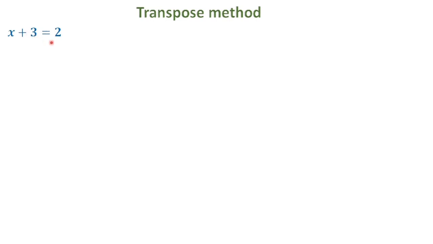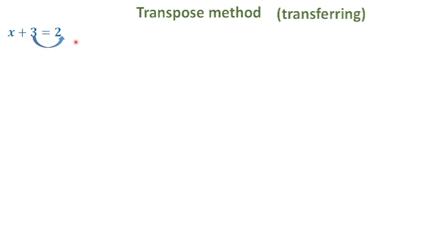Now, to find the value of x, we have to move 3 to the right side so that you will get the value of x. This is called transposing 3 to the right hand side, transferring 3 to the RHS.